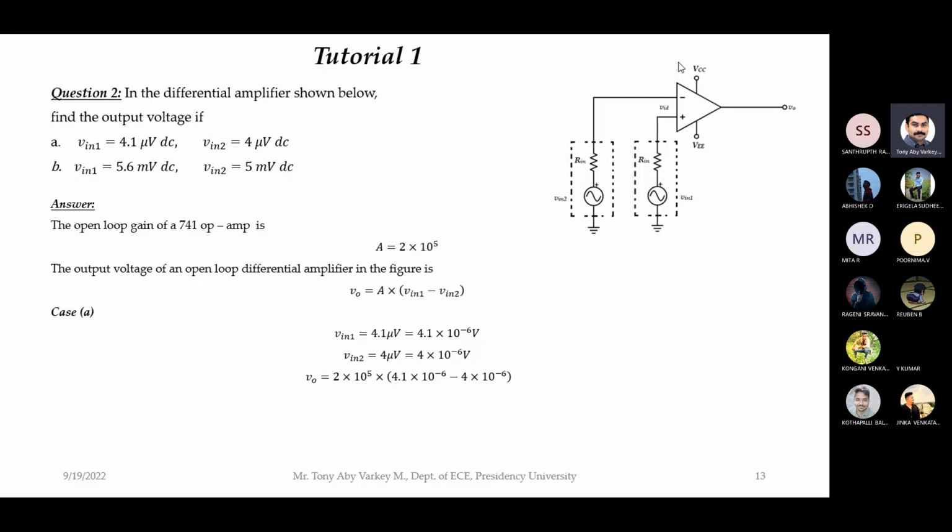So can you tell me how much will you get as the output voltage? How much will it be?